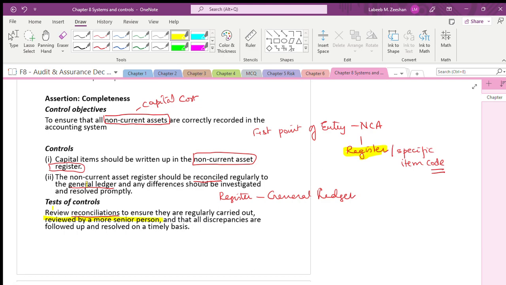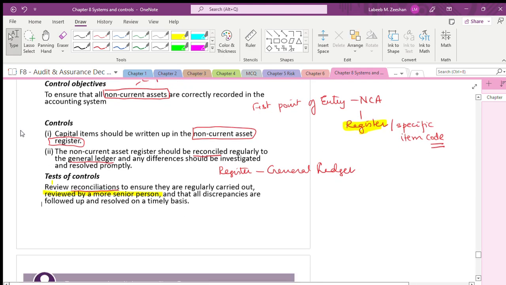That's completeness. It has to be written in the register, carried forward in the general ledger, reconciled, and once the reconciliation is there, reviewed by a senior person. So you have four different activities involved in the process of completeness.